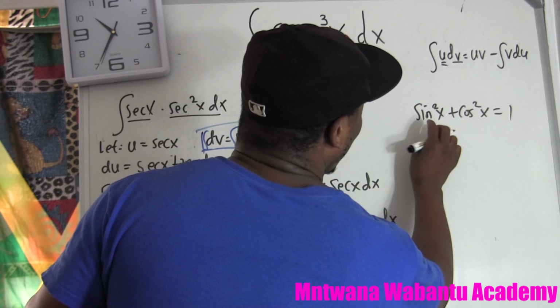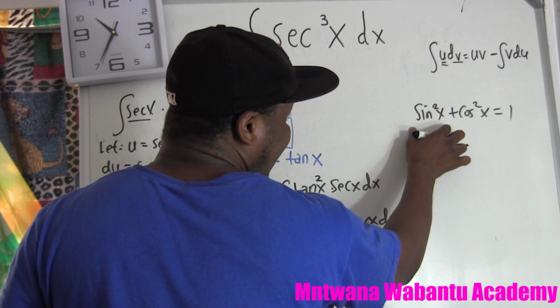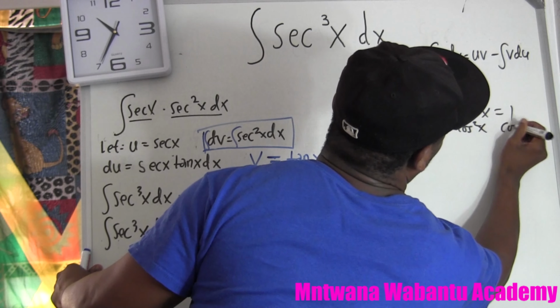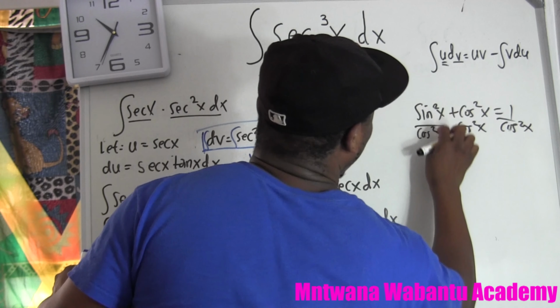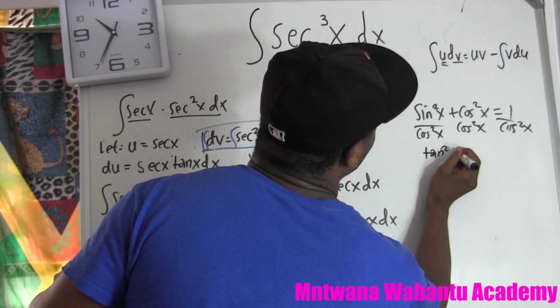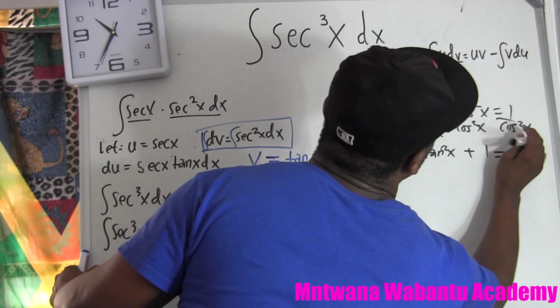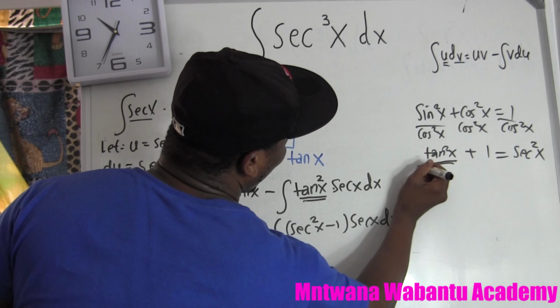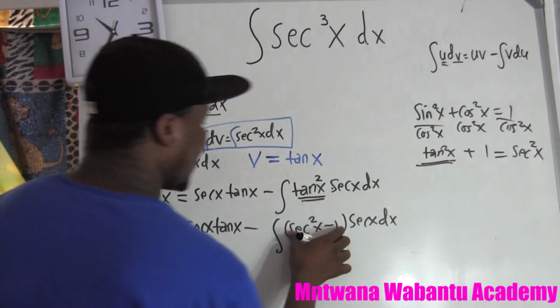To get tan, I divide throughout by cosine squared. Sine over cosine is tan, so this becomes tan squared plus 1 equals sec squared. So tan squared equals sec squared minus 1.